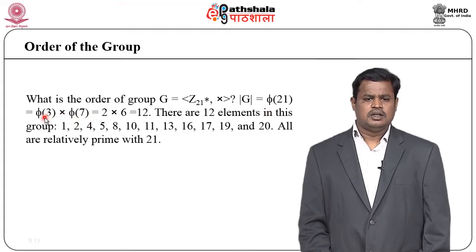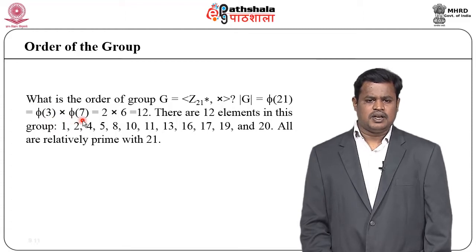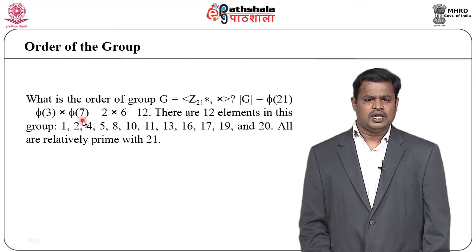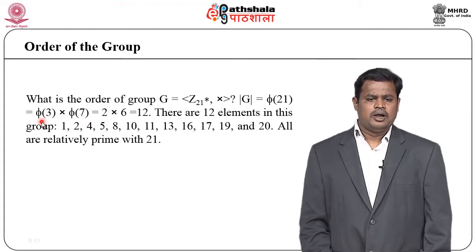This is a prime number, and this is another prime number. Always in cryptography we will be factorizing with the help of prime numbers. We know the rule for finding phi of p: whenever I say phi of p, I will say p minus 1.